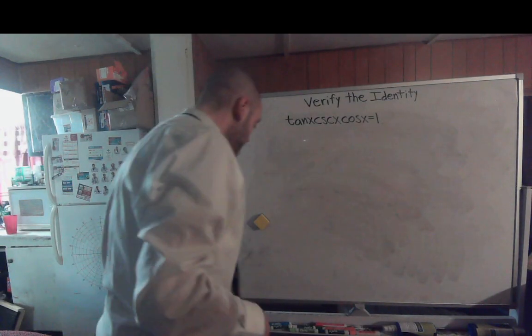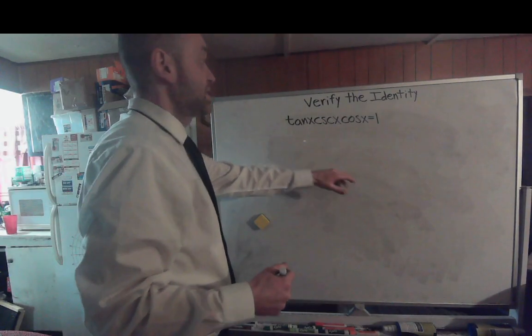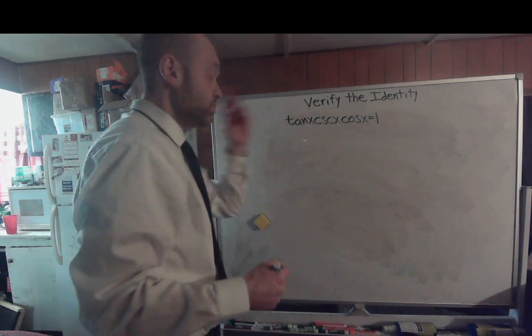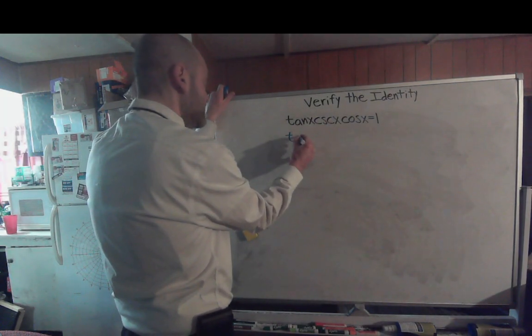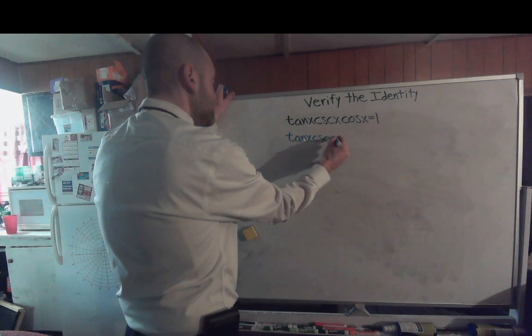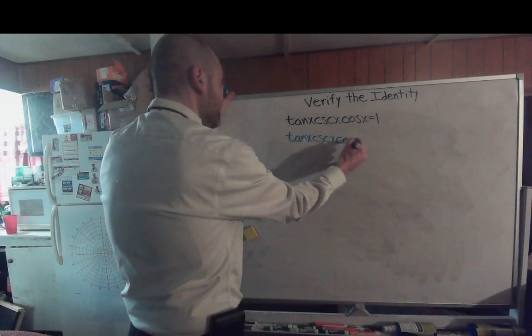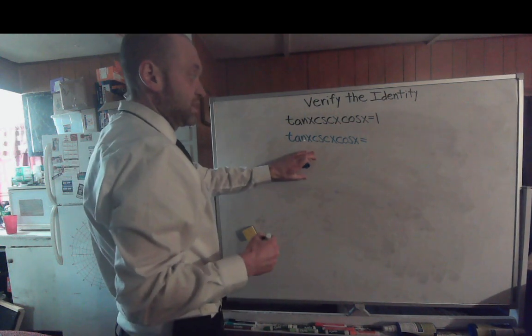So we have to verify that the tangent of x times the cosecant of x times the cosine of x equals 1. So write out your left-hand side again.